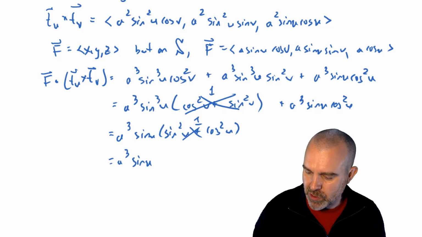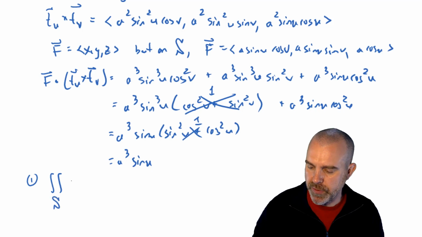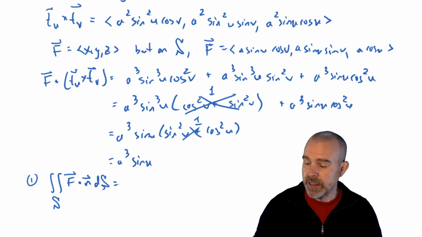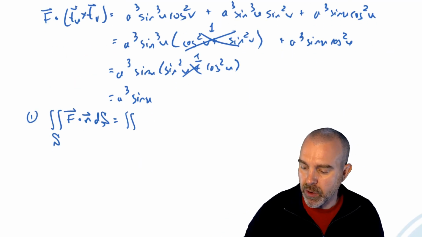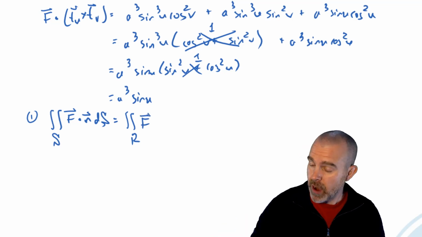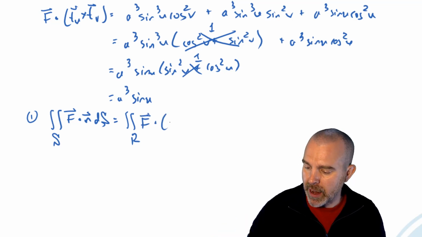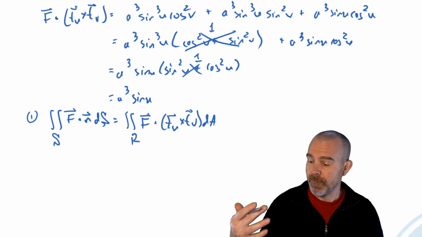We're doing the double integral over the surface of f dot n dS. And that's equal, once you parameterize your surface, to the double integral over the region of f on the parameterized surface, dot product with tu cross tv dA, where A is in the uv plane.